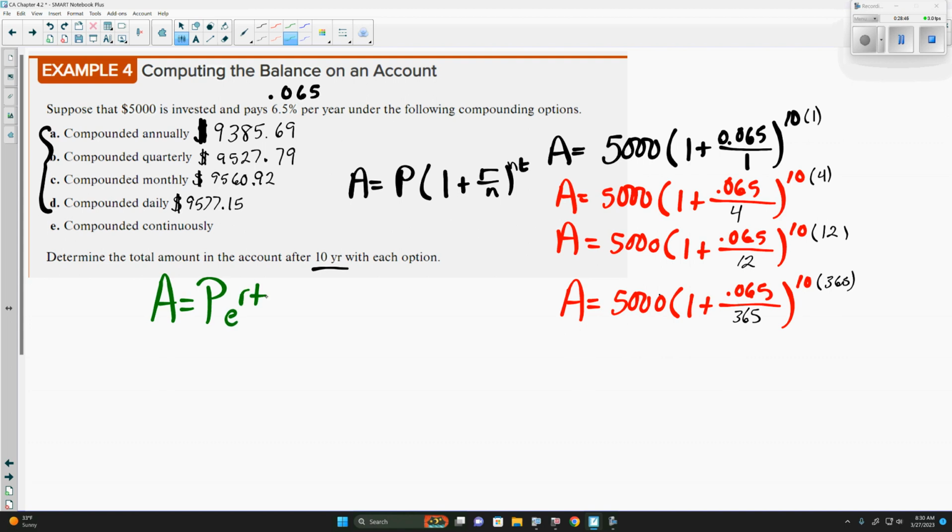Now, compounded continuously is what I call PERT, because that's kind of what it looks like, P-E to the RT, where P is still our principal, our 5,000, e, and we have our rate, 0.065 times our time, 10 years. And we can do this in a calculator.